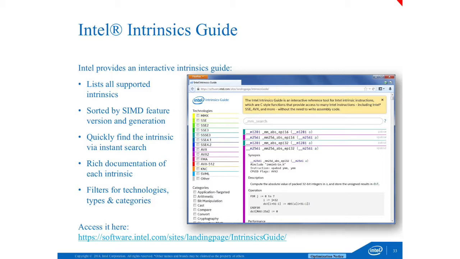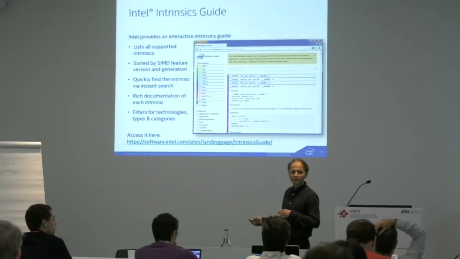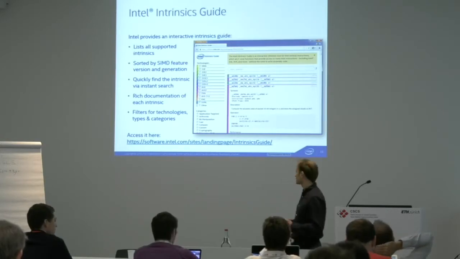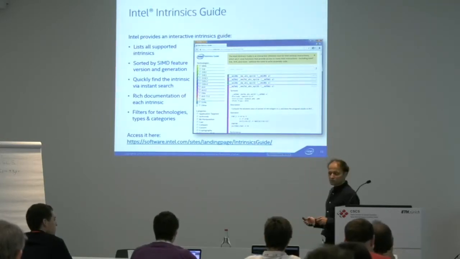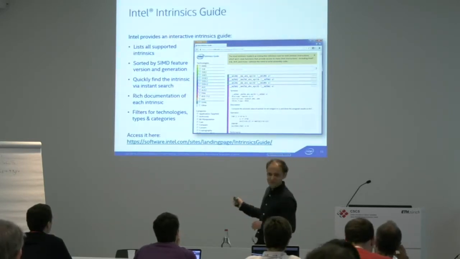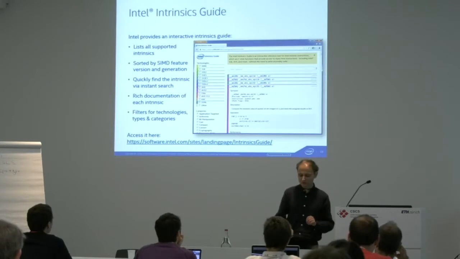You can type something into the search and find a reference for all the instructions, the throughput, the latency, and everything else for the different architectures. You can select subsets or categories or domains like cryptographic instructions or things related to bit twiddling or something like this. And the interesting thing is this application is written in Java, I think. This is the funny thing. So the intrinsic guide is written in Java.